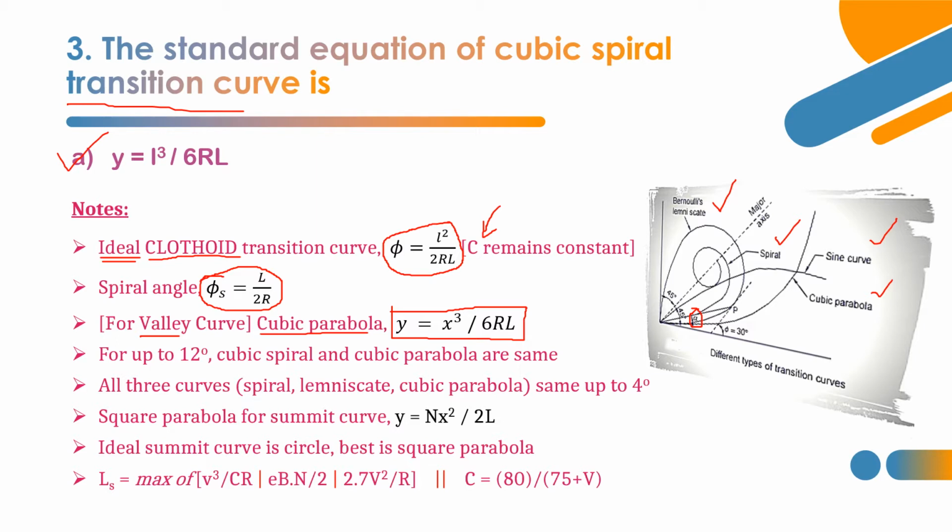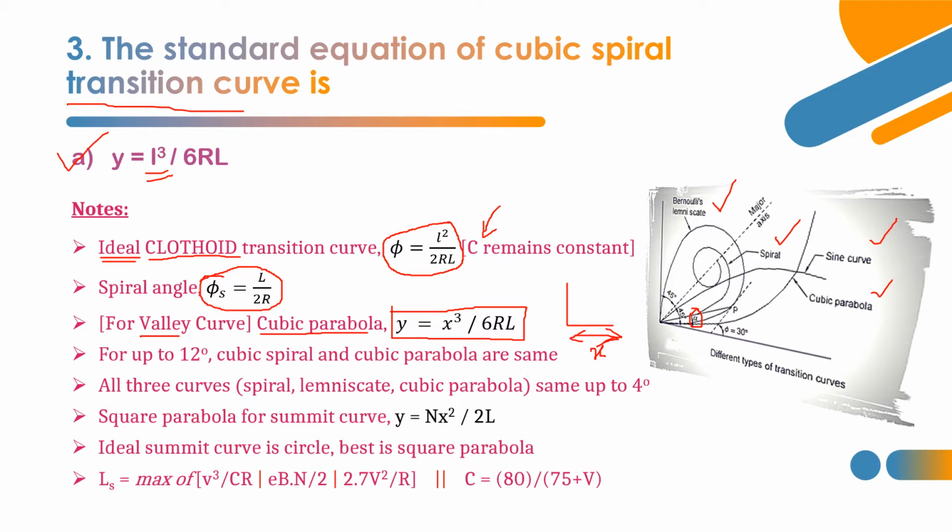So x cube by 6RL, here L cube by 6RL. So there is some difference. This is x axis value. This is the x, but here L is nothing but length. So cubic spiral transition curve is L cube by 6RL. When it comes to cubic parabolic valley curve, it is x cube by 6RL.